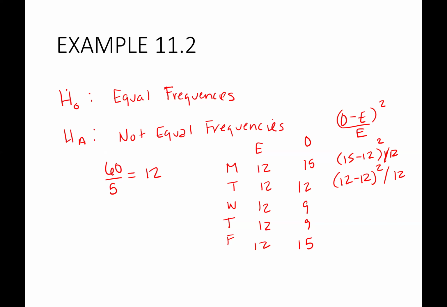And then we have 9 minus 12 squared divided by 12. We have 9 minus 12 squared divided by 12. And we have 15 minus 12 squared divided by 12. So our squared Pearson residuals, and for some reason on this particular problem, I used fractions.